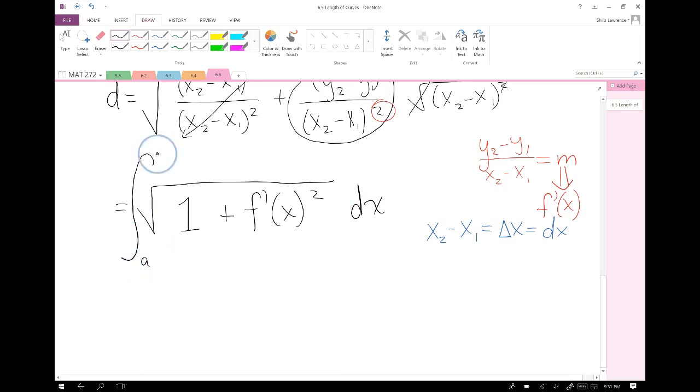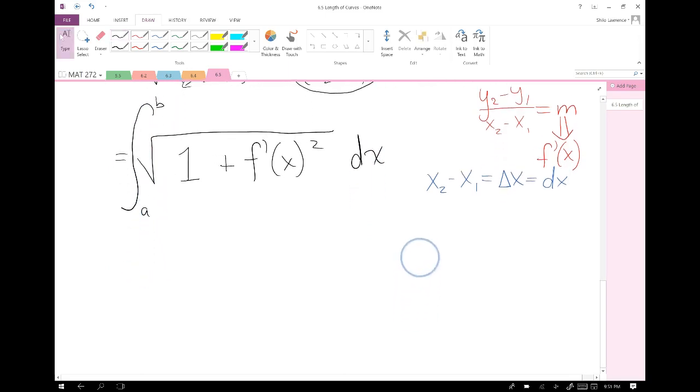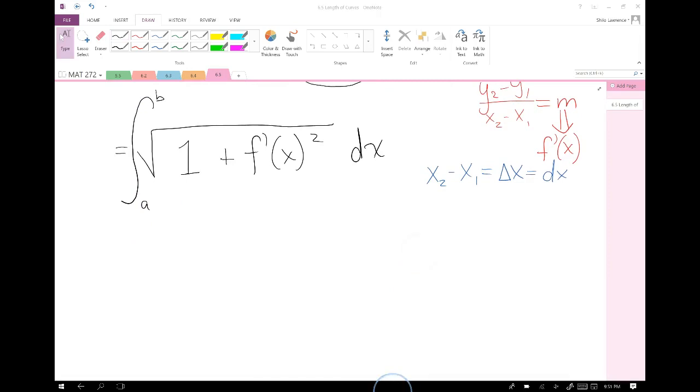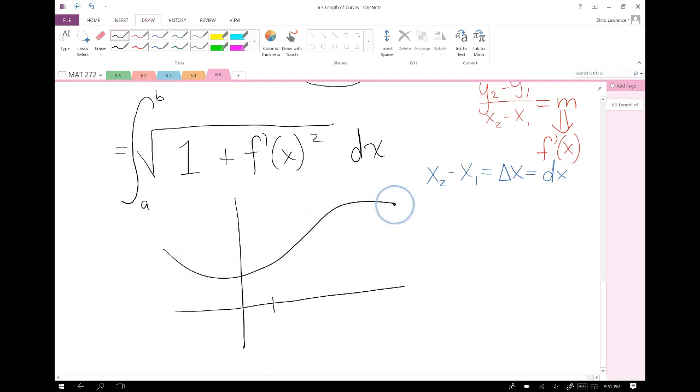And I'm going to go back to my picture, and I'll draw it again here underneath our formula. This is actually our formula for finding arc length along f of x on the interval a to b. And what this is doing for us is finding straight line distances, because that's the formula we used.